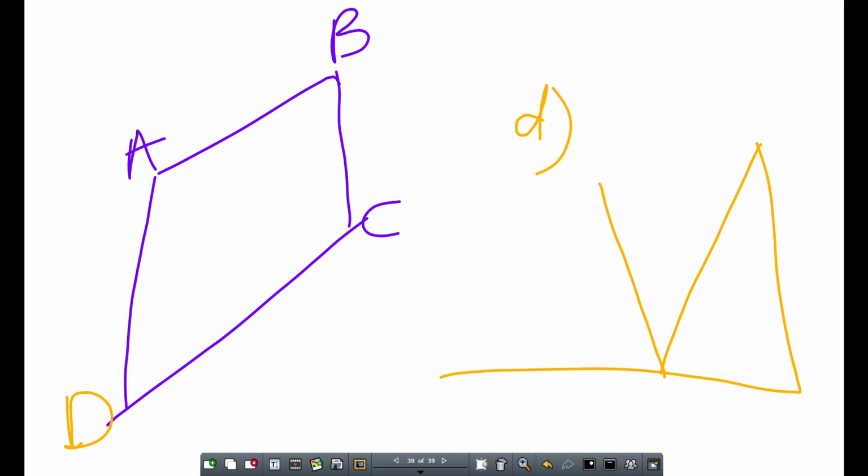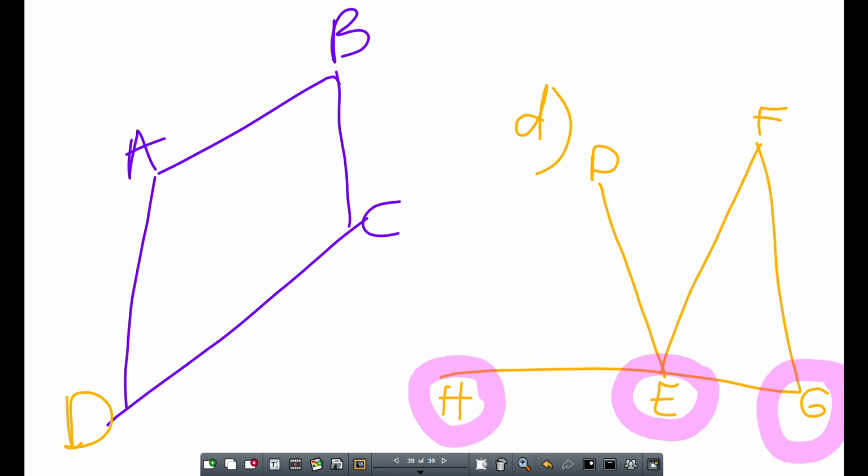Okay, and let's make that D, E, F, G. What should we make this one? H. Okay. All right. Have you guys got it? So just name these three at the bottom. They were cut off when we copied.